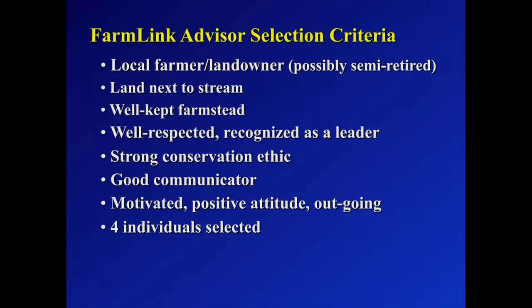We also looked for individuals who owned land adjacent to Shell Creek or one of the tributary streams, primarily because we felt that would give them more of a buy-in, or more of a reason to be concerned about the water quality in Shell Creek.